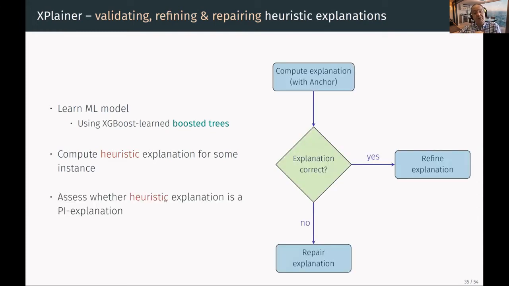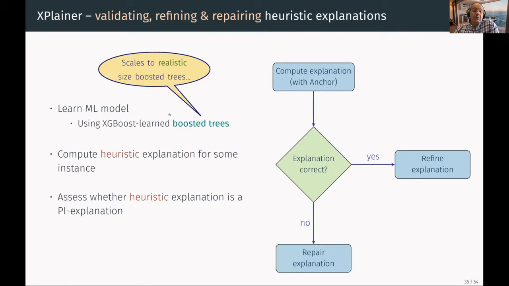And then we used our technology to assess the quality of the explanation, whether it is a PI explanation or whether it's really an explanation or not. So as an example, we compute an explanation with Anchor. We check with our approach whether it's correct. If it is correct, we refine it in case there are literals that we don't need. If it's not correct, we repair it and propose a correct explanation.